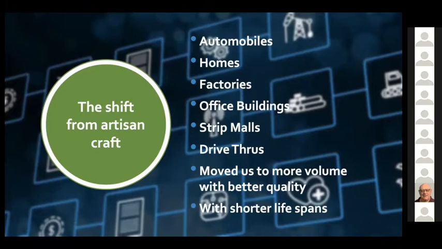And the shift from the artisan to the manufactured happened. We still have artisans, to be sure. You can go to craft fairs anywhere, but it's even smaller than it was back when that was the only source. But what we found is that our waste stream has grown as fast or faster than our ability to create products.